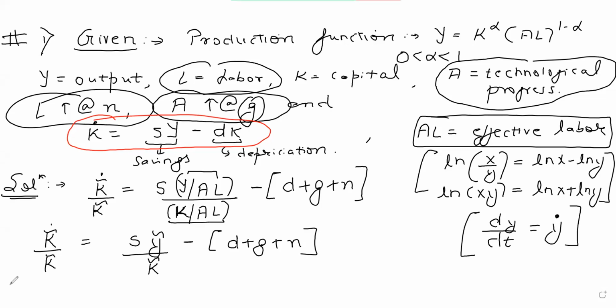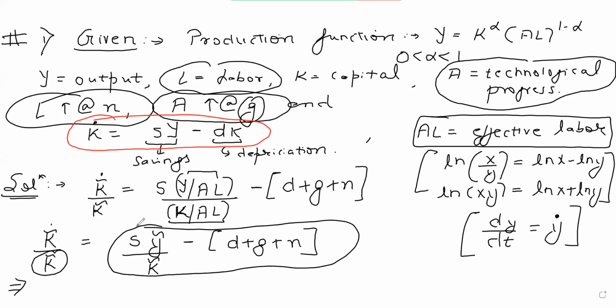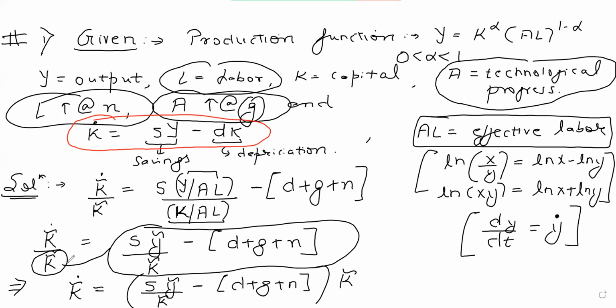Now I can multiply K tilde with this whole equation. So I can write K tilde dot is equal to sY tilde by K tilde minus d plus g plus N, whole multiplied by K tilde. I have just taken K tilde to this side. It gets multiplied. Very simple.